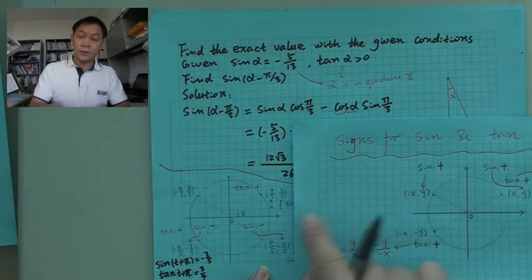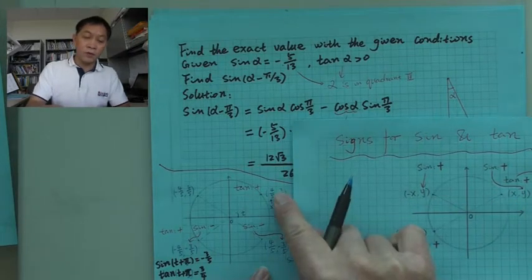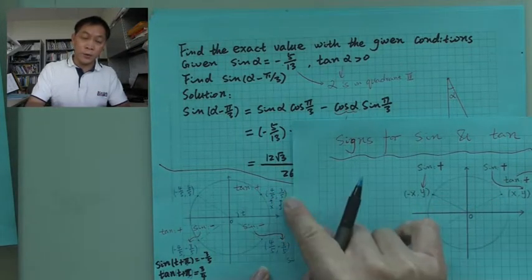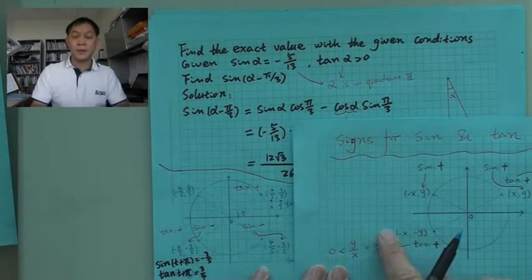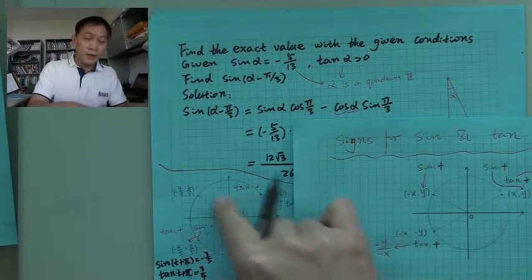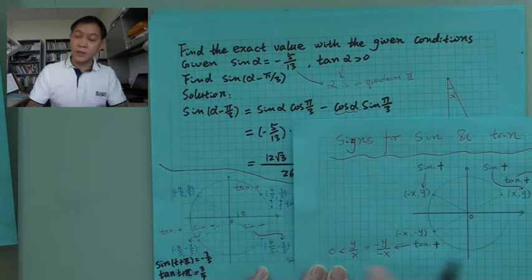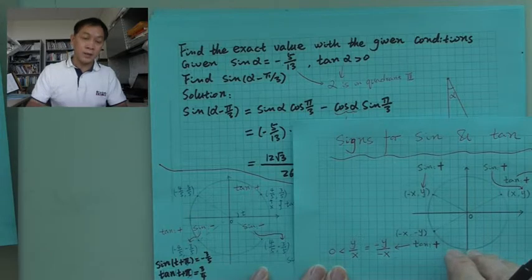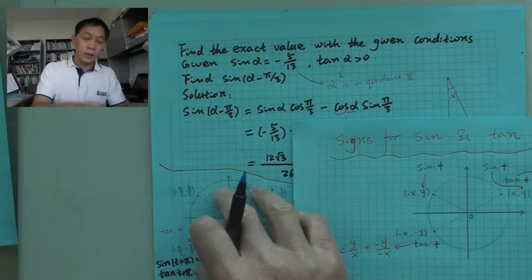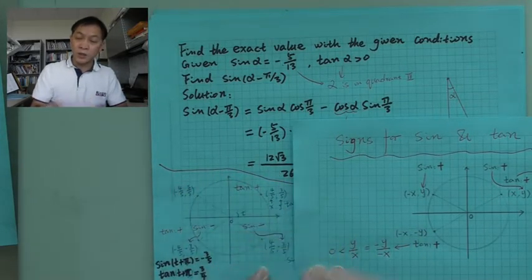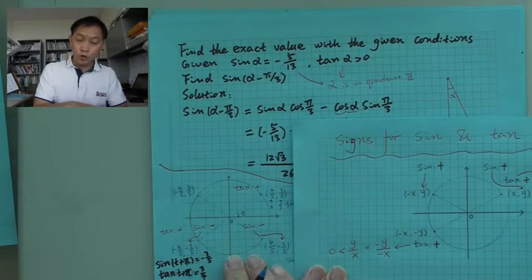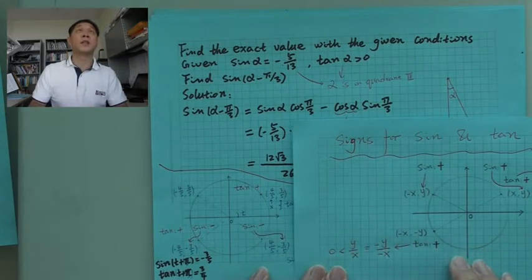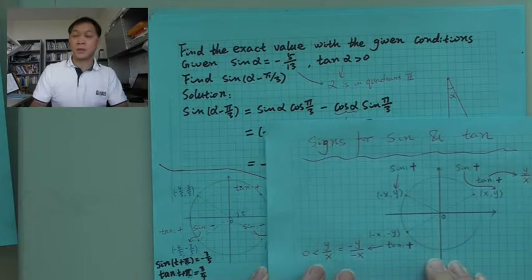So x in this case is 4 over 5, y is 3 over 5. So you may use this concrete example to figure out the signs for the positive, negative thing. The picture I draw here is the actual value, and here is a little bit abstract.